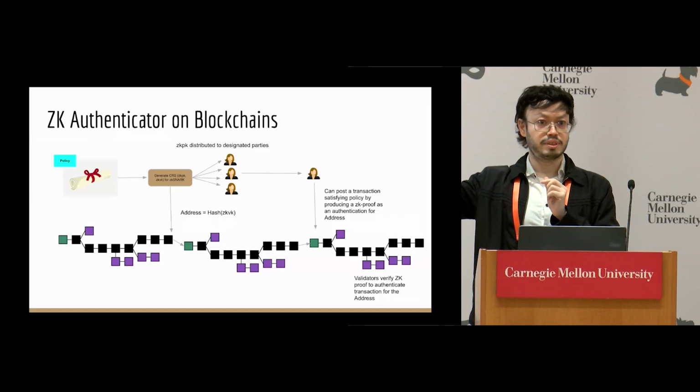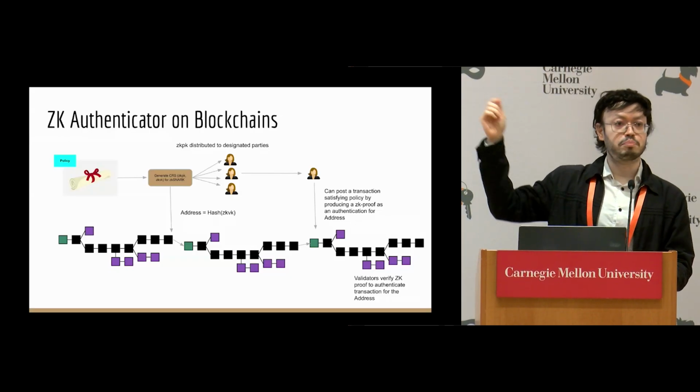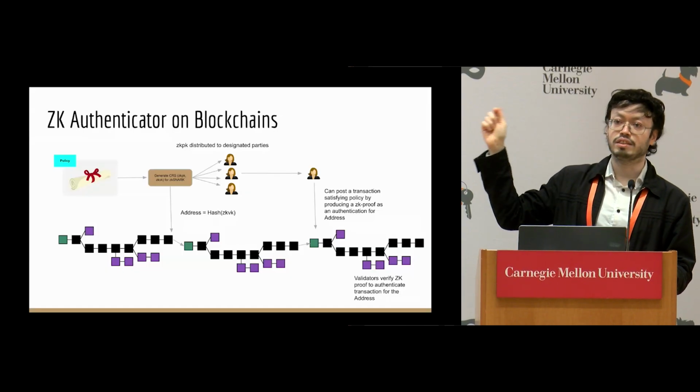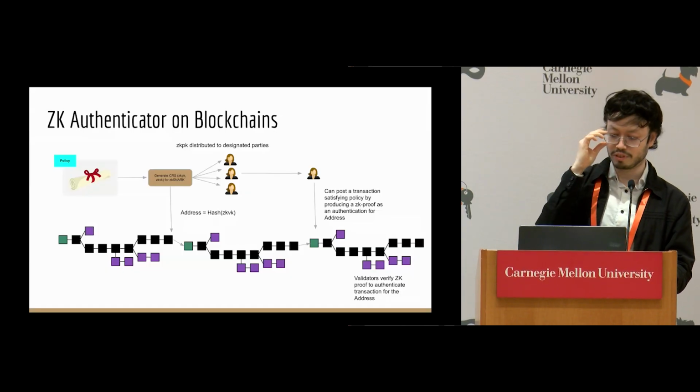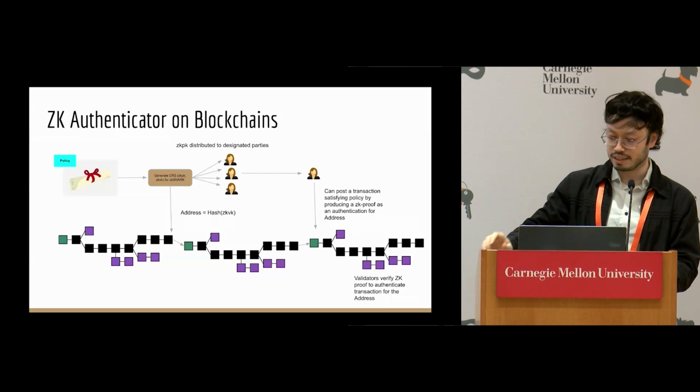So this is some delegated person who is allowed to transact, okay? And let's bind the address to the verification key of the zk proof, okay? So that's the address. And the zkVK is public.